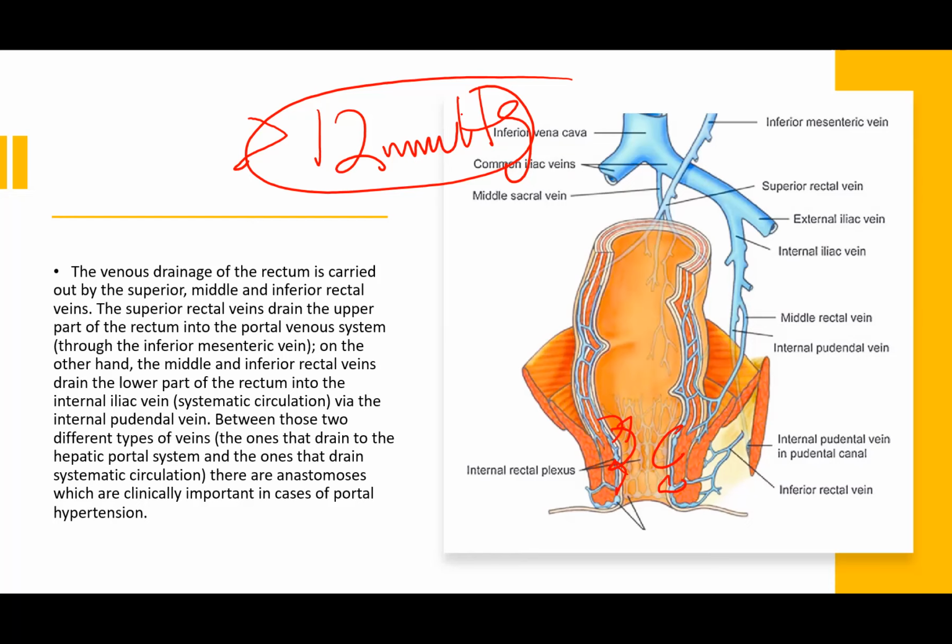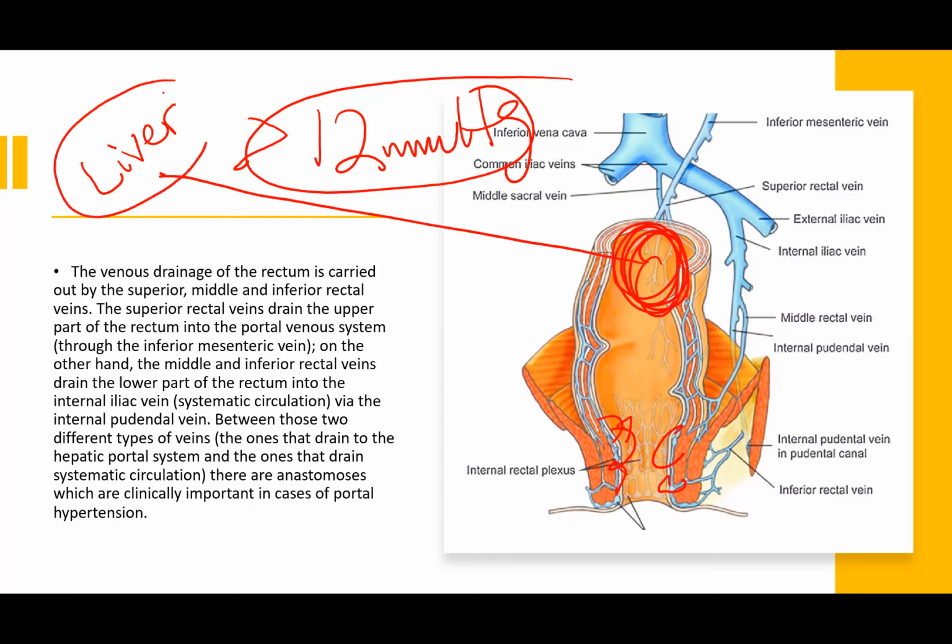And secondly, if you have tumors in the upper part of the rectum, which is drained by the superior rectal vein, this drains what? Portal. They can spread to the liver because, of course, it goes along with the inferior mesenteric artery.